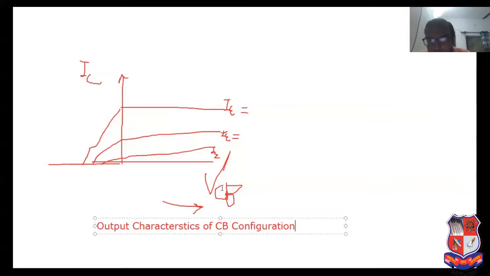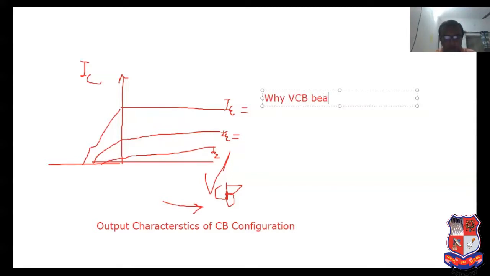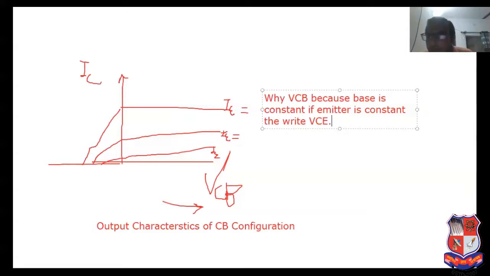Why VCB? I have written here. Why VCB? Because the base is common. If the emitter is common, then write VCE.